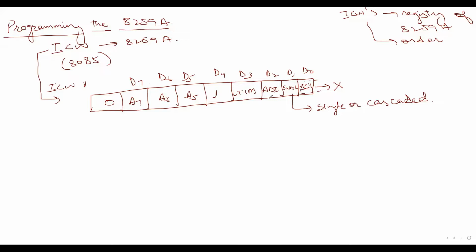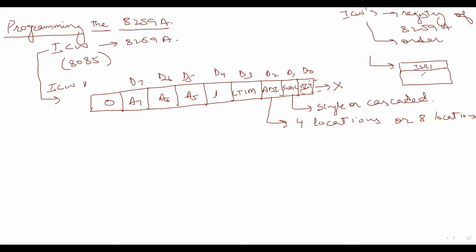This bit determines whether we have a spacing of 4 locations, or we can say the call address interval is 4 locations or 8 locations. So let's suppose I have stored interrupt service routine 1, and then I have stored interrupt service routine 2.